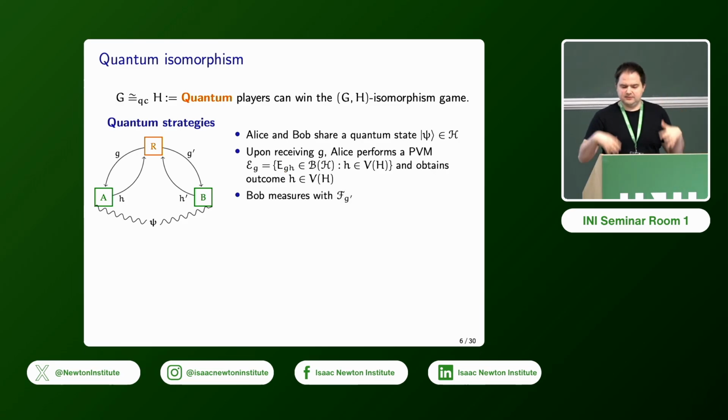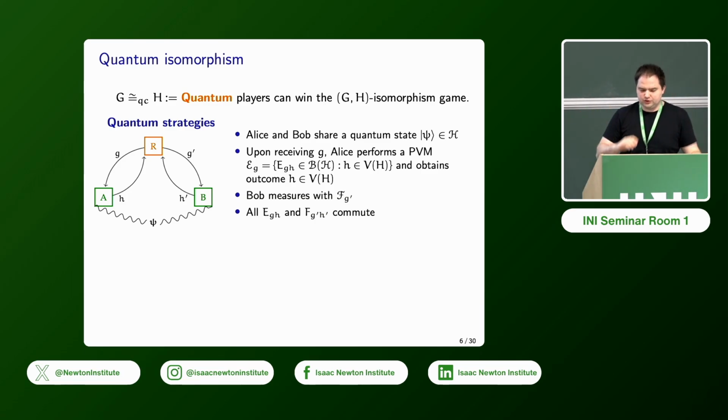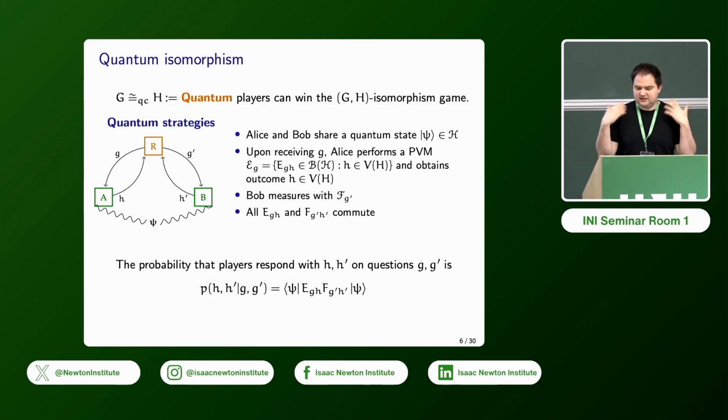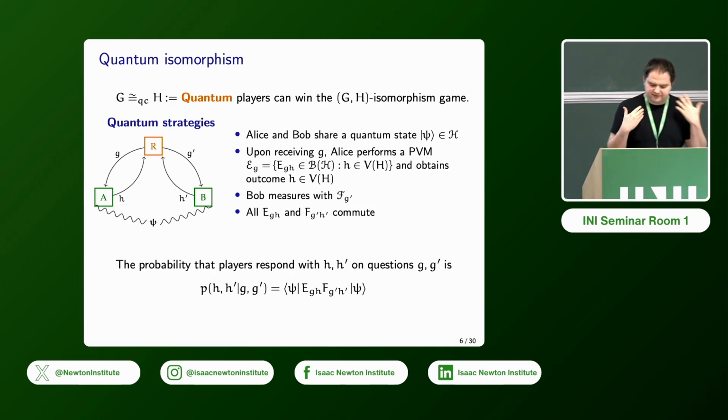Bob similarly has his own measurement, and in this type of strategy, we assume that these matrices commute. As the commuting measurement strategy is defined, there is some probability that the players respond H and H prime for the questions G and G prime. And so we say that there is a quantum isomorphism if and only if the quantum players can win the game.